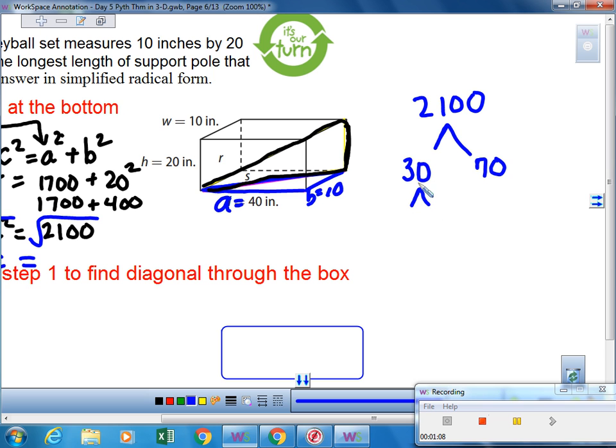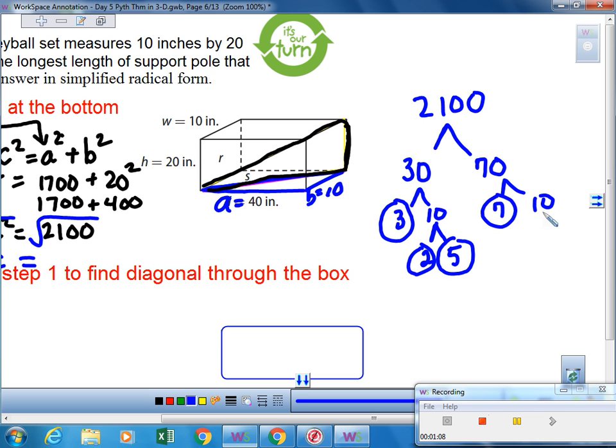And then what times what is 30? 3 times 10. 3 is prime. Everyone should be writing this down. And then 2 times 5, or 10. So that's from 30. Now let's do 70. What times what is 70? 7 times 10. And then 10 is 2 times 5.